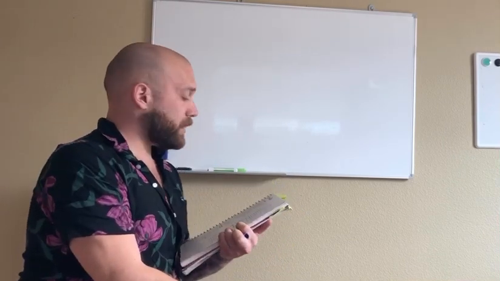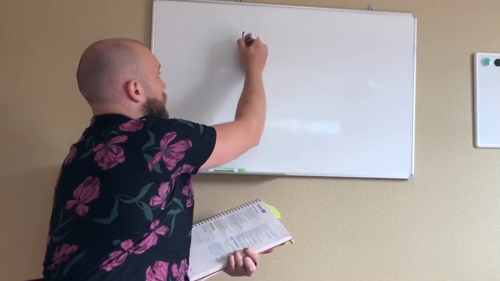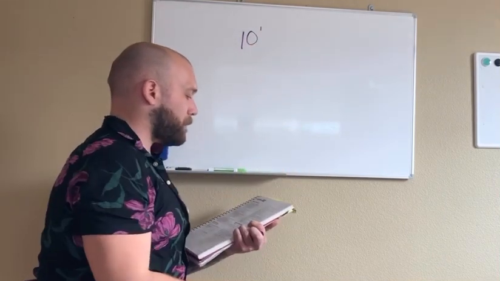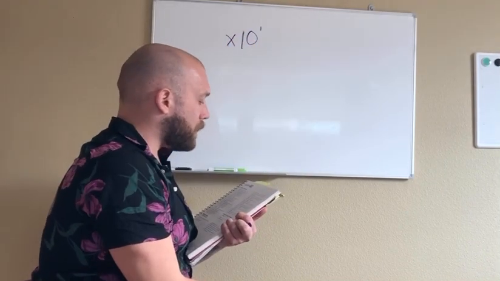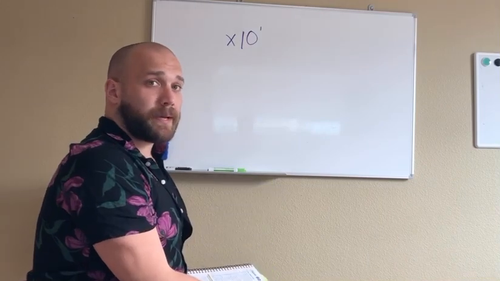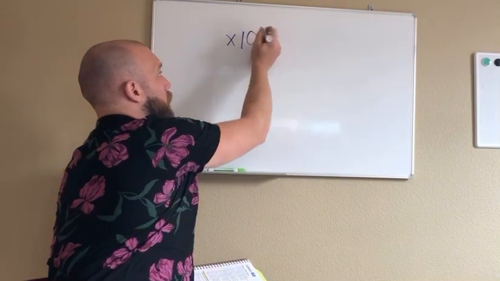So let's start with, if you multiply by 10 to the first, how many places do you move the decimal point? 1, because there is a 1 right here.